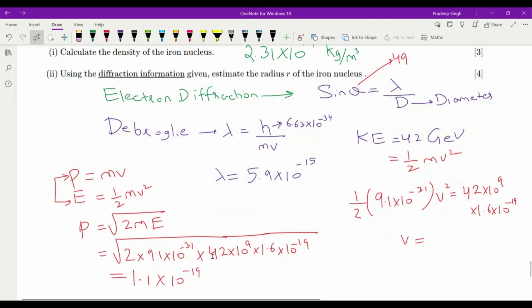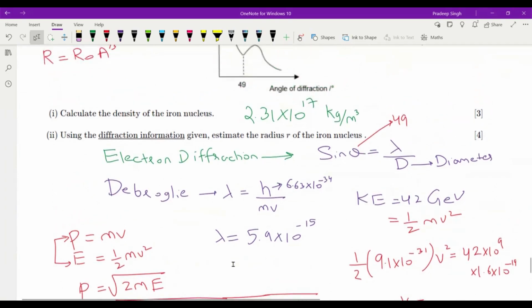Are you getting the momentum the same now? Yeah, I got it. Ahan and Christine, are you making the same mistake? I must have, sir, because I'm doing it on my phone calculator. You are supposed to get the same answer because it's the same formulas which we are using.